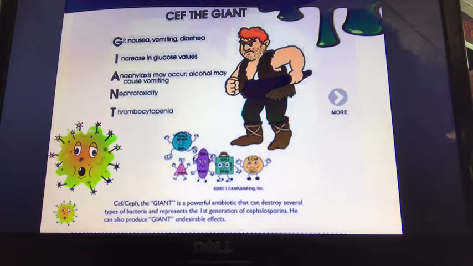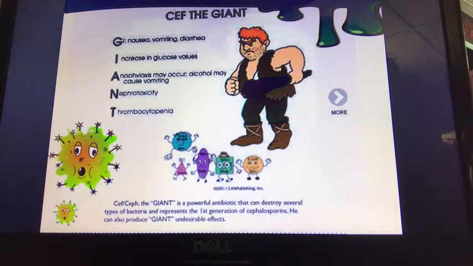cephalosporins are easy to remember with this mnemonic, the word GIANT. G for GI, like nausea, vomiting, or diarrhea. I for increased glucose values. A is for anaphylaxis, or it could be for alcohol, which may cause vomiting. N is for nephrotoxicity.